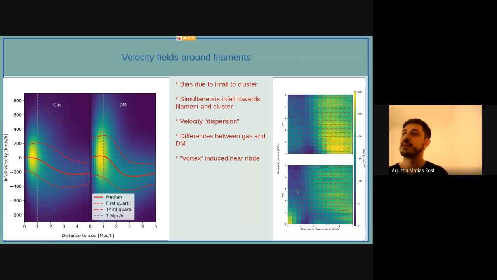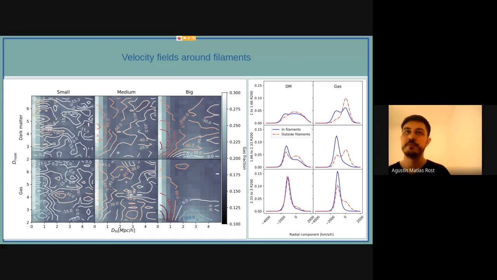For dark matter and gas, we see that in general they have the same behavior, but if we look closely, we can see that here, for example, between 2 and 3 megaparsecs, the gas has a positive velocity of the parallel component. So it means that the gas is going away from the node in these positions. And here we have much more negative velocity, so it is funneling towards the cluster. We can also see this in these plots.